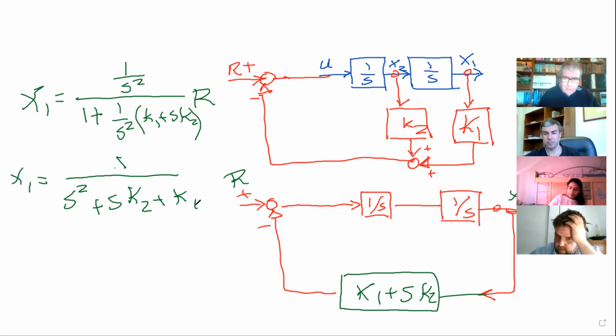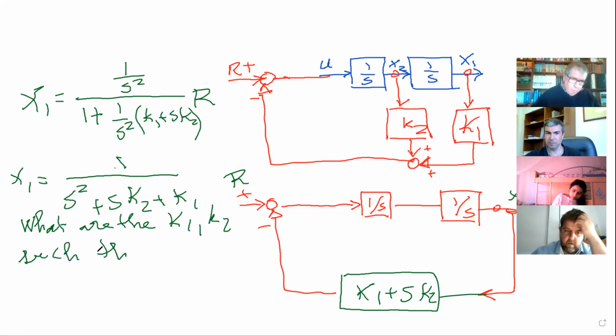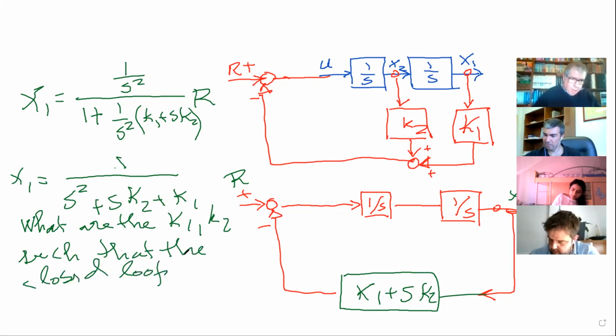Okay? So I say, what are the values of K1 and K2 such that the closed loop poles are, now tell me something reasonable.